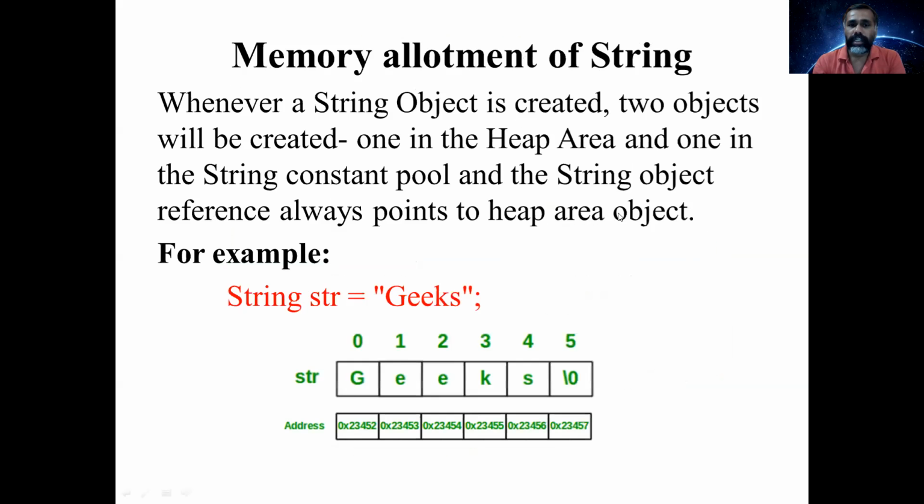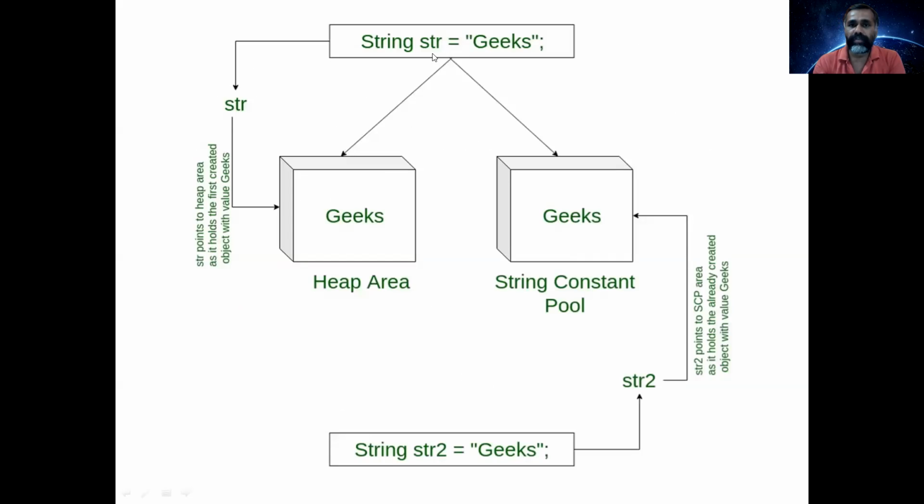The string object reference str will always point to the heap area. And if you create another variable str2 and assign the same value "gigs", then it does not create a new object for this string. It refers to the string constant pool because the value is already available in the string constant pool. So this string reference will always refer to the value "gigs" in the string constant pool.